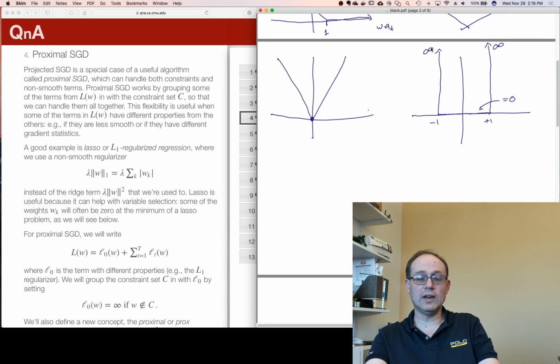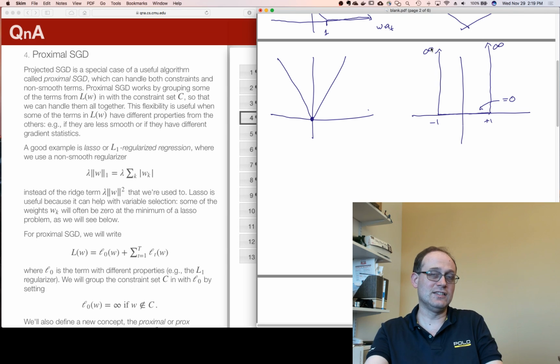Because if your loss function is infinite, you're going to say, well, no, I don't want to go there, and you're just going to find a point that satisfies the constraint. Now, not all methods can handle loss functions that are infinite, but proximal SGD can handle it specifically if L0 is infinite in some places.